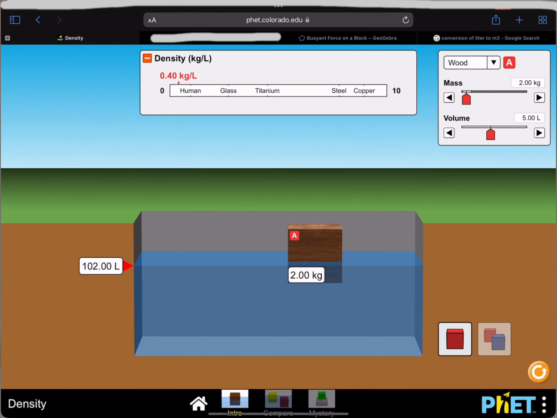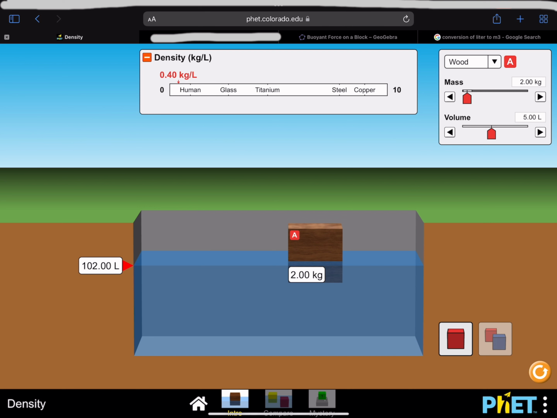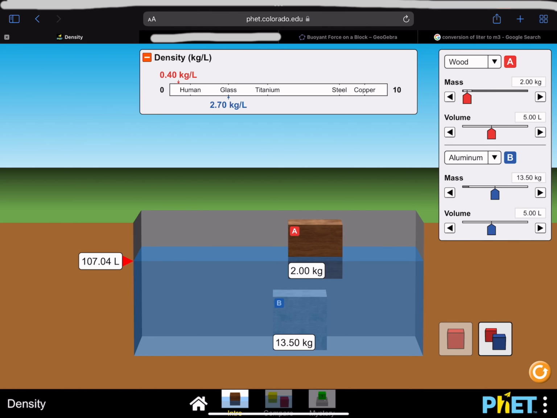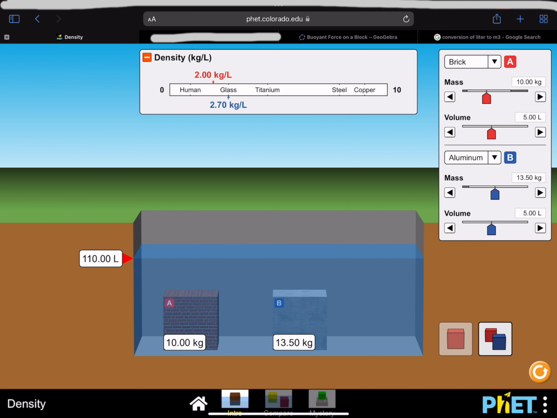So this is what we have, and you can do the same calculations for others as well. Like here, instead of wood, suppose you are considering brick, then again what will happen? It will go into the tank, or you can say it will sink. Why is it sinking?